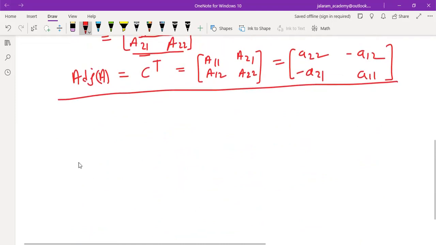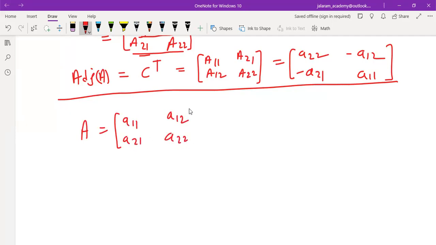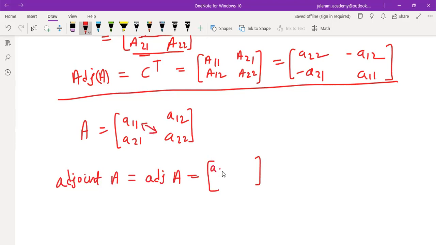But instead of doing this, if we remember only one thing, this can also be done directly, either in subjective or in objective, in both the exams. To find the adjoint of A, which in short is denoted by adj A, interchange the elements of the principal diagonal with each other, a22, a11, and change the sign of the second diagonal elements, minus a21, minus a12, means in their place, their sign will be changed.